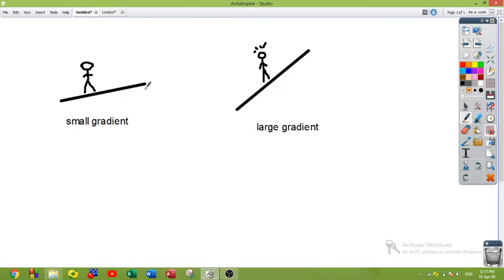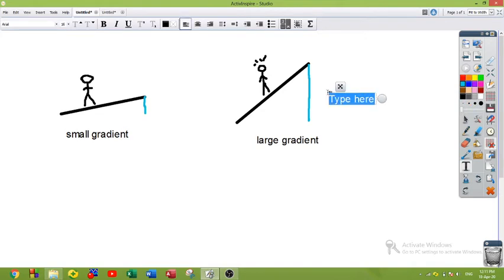Let's choose another color. From here to here, it will be the vertical rise. From here to the bottom, this part will be the vertical rise. This is the vertical rise, and this is also a vertical rise.